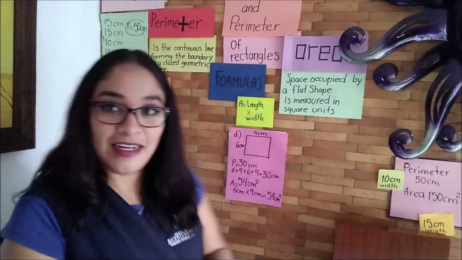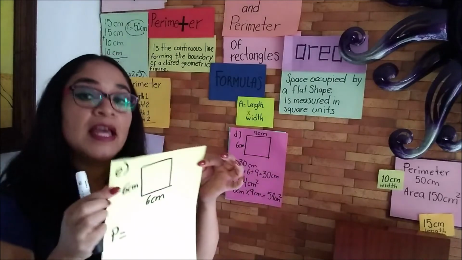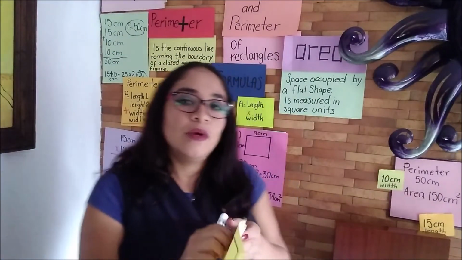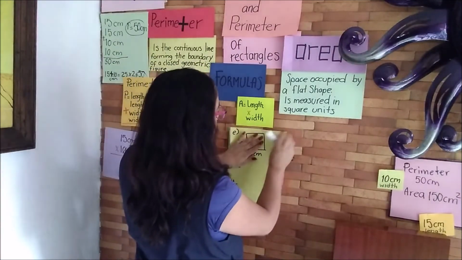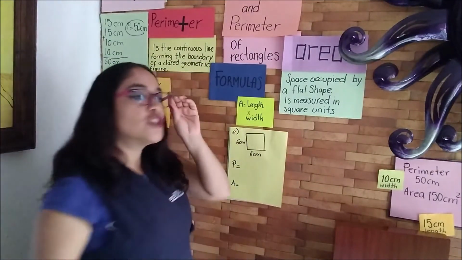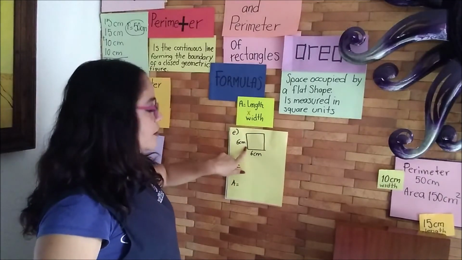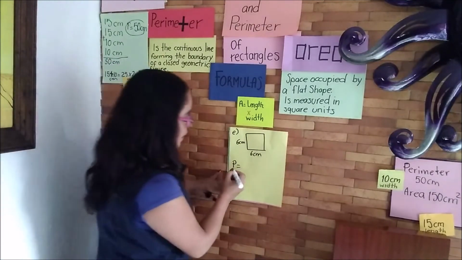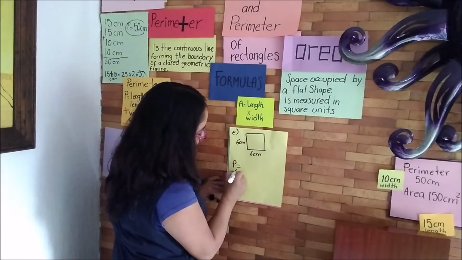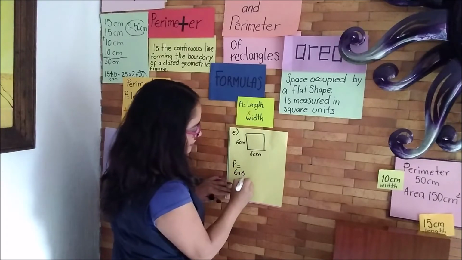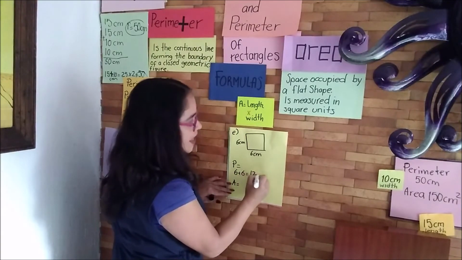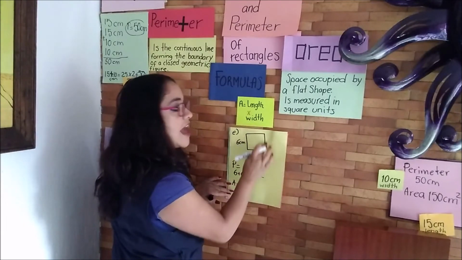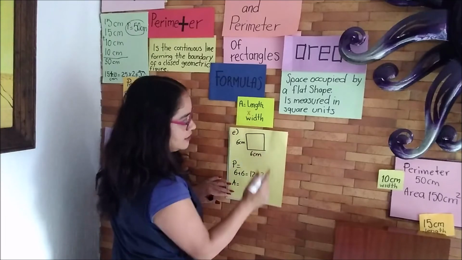Okay, and finally we have exercise E, and this is not a rectangle, this is a square, but well, it is the same because we have 4 equal sides, so we need the two measurements from here to here, width and length. Well, we're going to add 6 plus 6 equals 12. And we will multiply it by 2 because this is the addition or the result of these sides too.